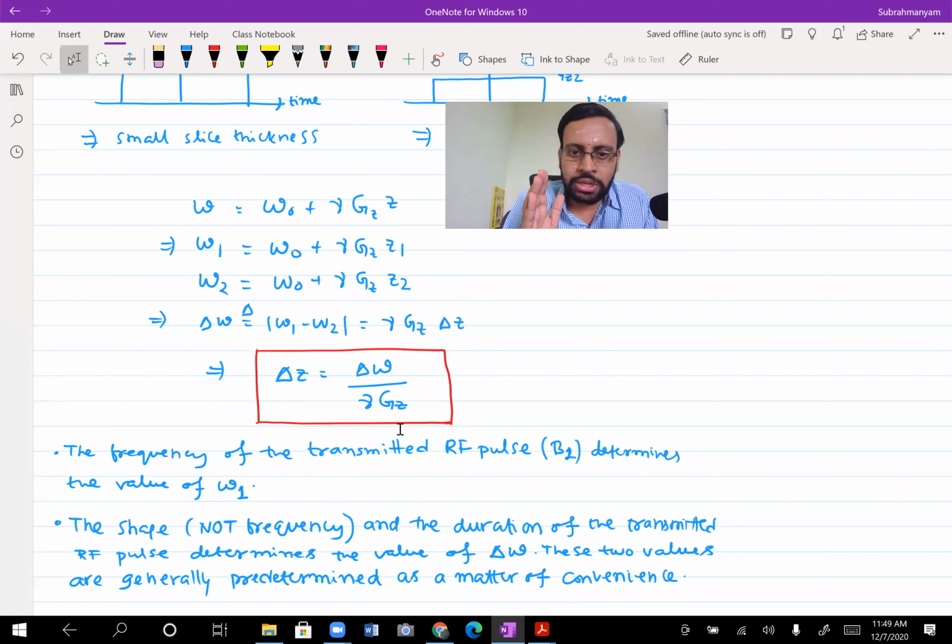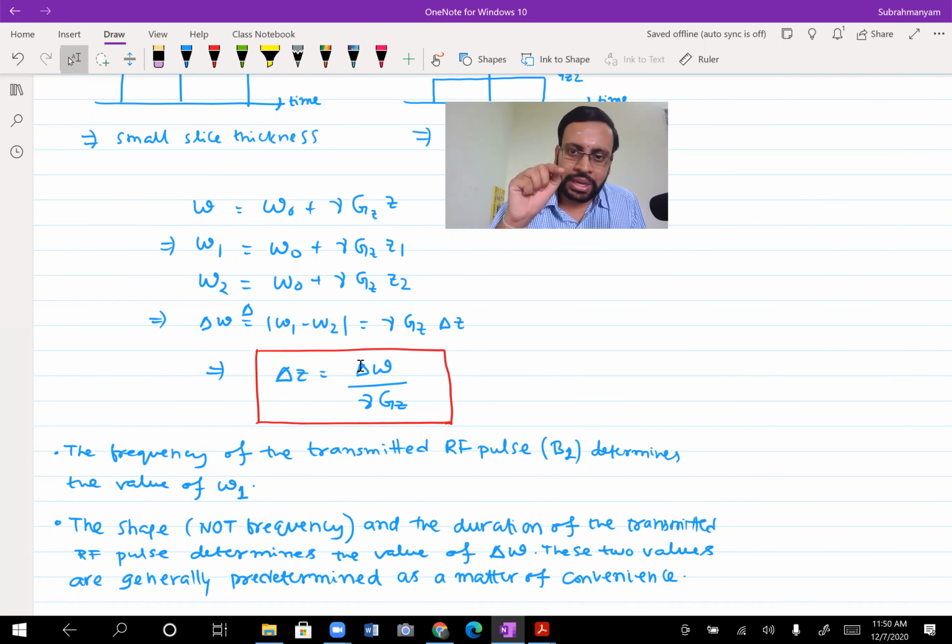So when it comes to the bandwidth here, there are two aspects. One is the omega at which you want the response. The second one is, within that, what is the tolerance level within which you could get a response there. These are the two aspects.